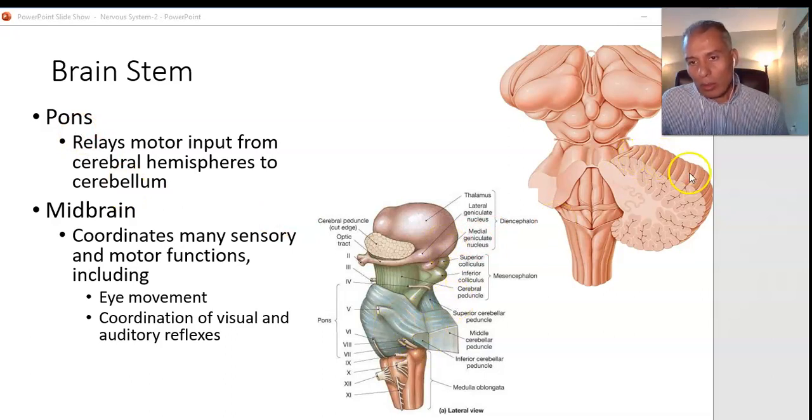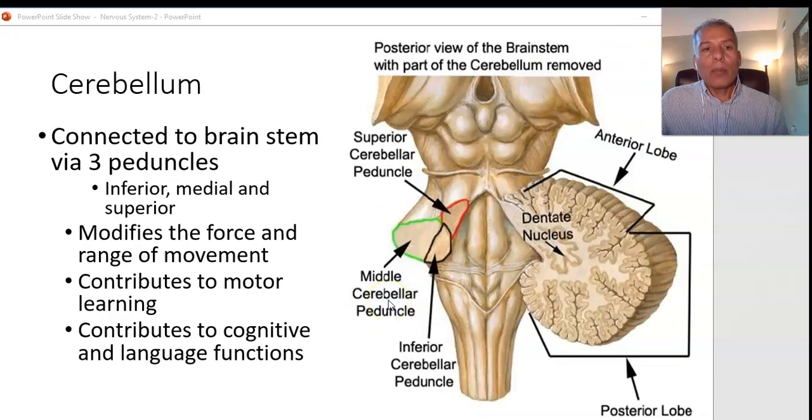Look at the cerebellum. It is connected with the pons. And there are three peduncles, three arms, basically three cables that bring out all the connections from the cerebellum so you can connect with the brainstem and the rest of the brain and the spinal cord.